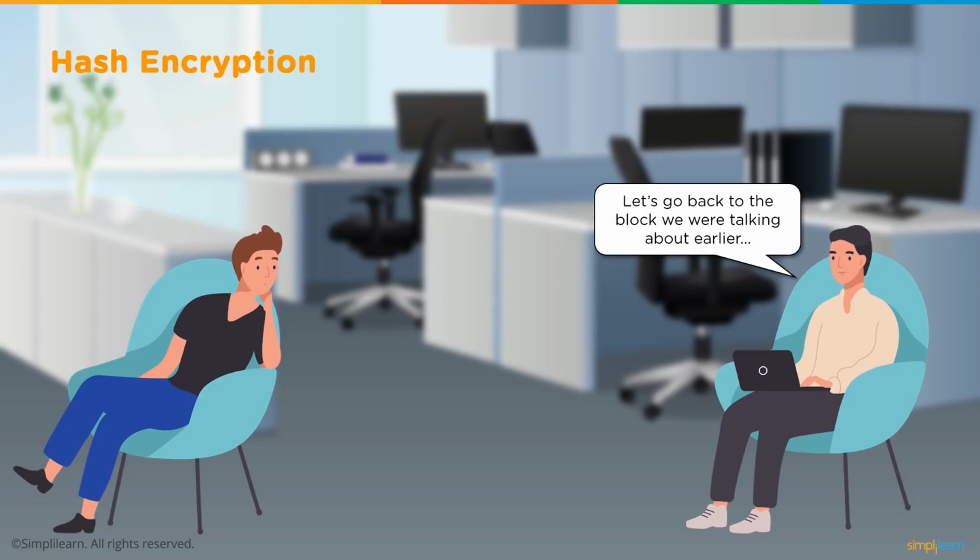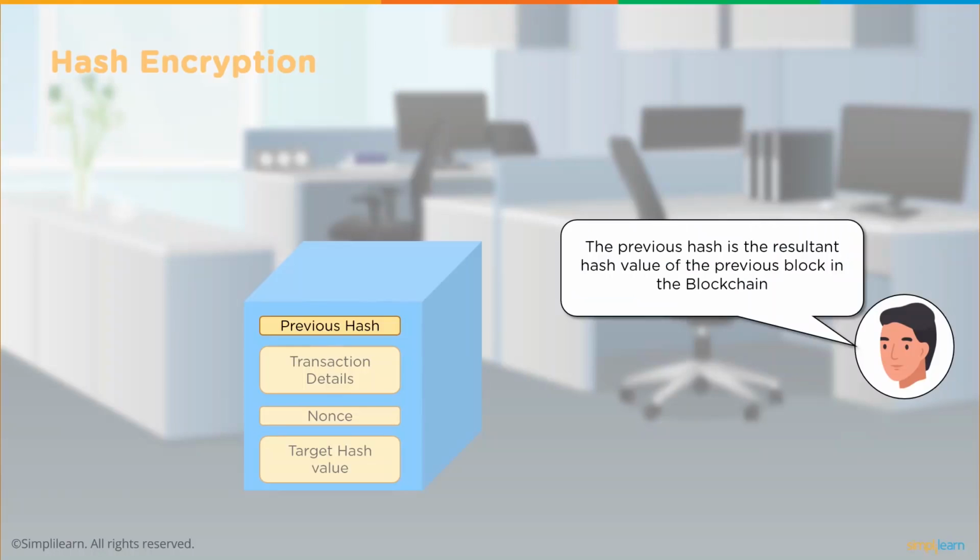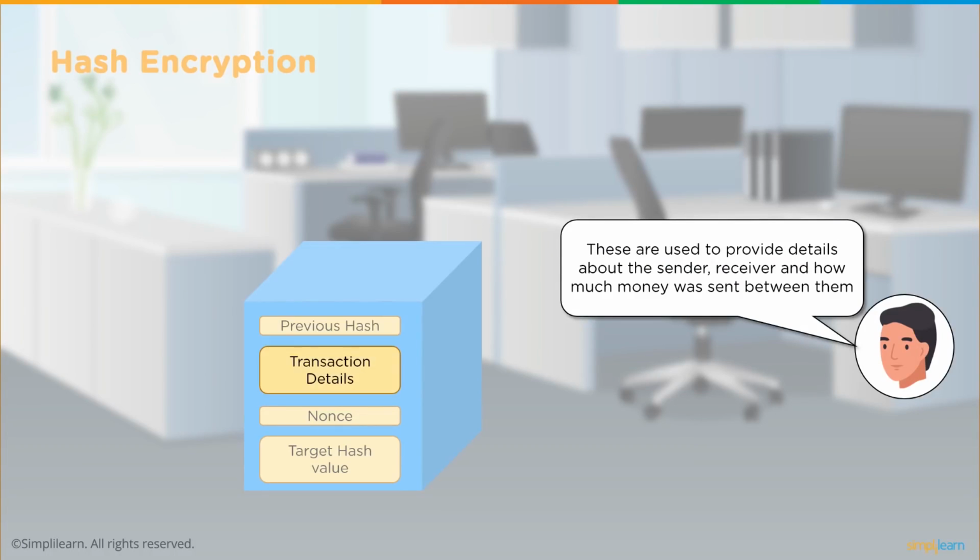Now let's go back to the block we were talking about earlier. As we were discussing, what are the features in the header? The previous hash is the resultant hash of the previous block in the blockchain. And this is the way two blocks are linked together. Now, transaction details are used to provide details about the sender, receiver, and how much money they want to exchange between them.